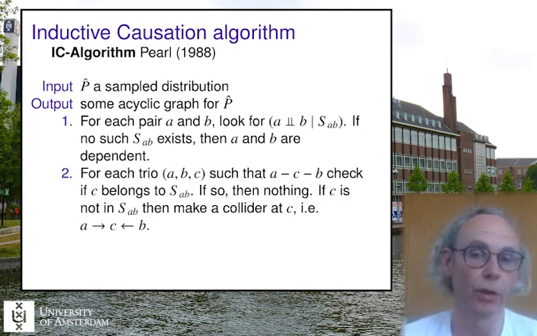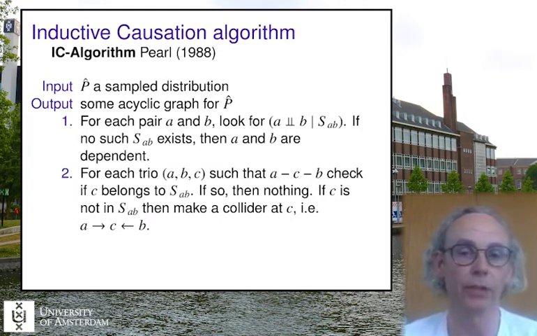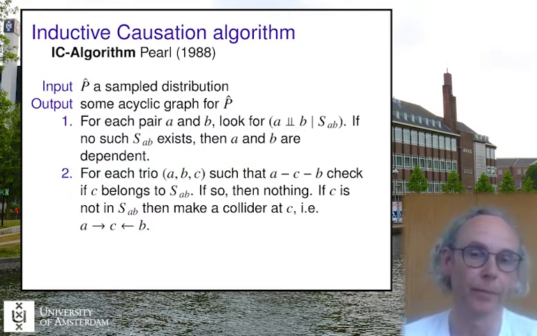If C belongs to the separating set, then it must mean either a common cause or a chain from A to B or from B to A. And so C explains away the dependence between A and B.